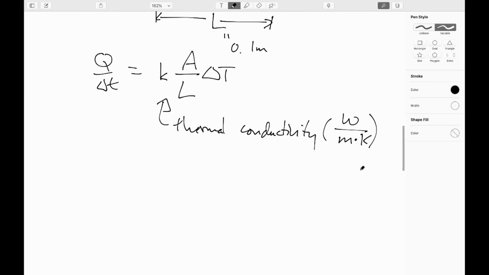Well, the conductivity of copper turns out to be 400 watts per meter Kelvin. So we'll put in our 0.1 square meters over our 0.1 meters.